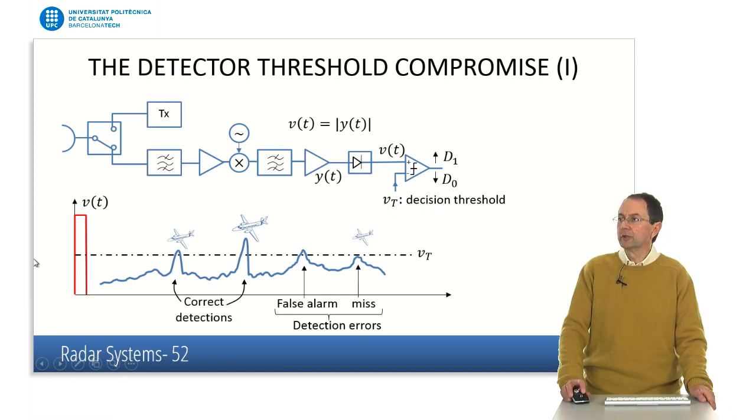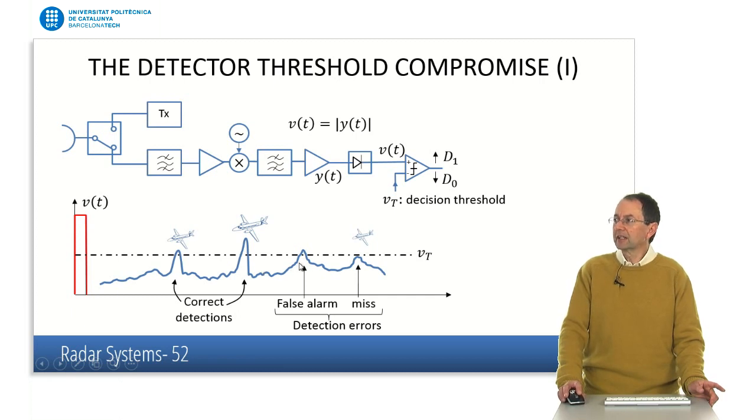So let's assume we transmit a pulse, and now we operate the radar receiver, and we are listening to the possible echoes, and we get this signal in blue. And we set the threshold level at this constant value. Here we have two targets. They provide peak echo signals at the output of the matched filter. And we are fortunate in these two cases, so we detect the targets correctly.